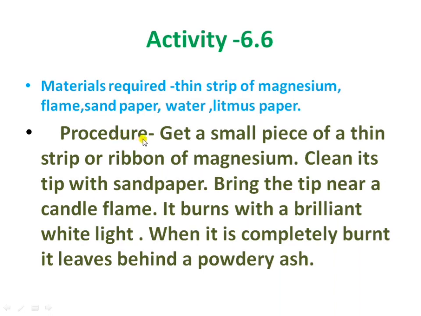The procedure is, first get a small piece of a thin strip or ribbon of magnesium, then clean its tip with sandpaper, then bring the tip near the flame. It burns with a brilliant white light. When it is completely burnt, it leaves behind a powdery ash.